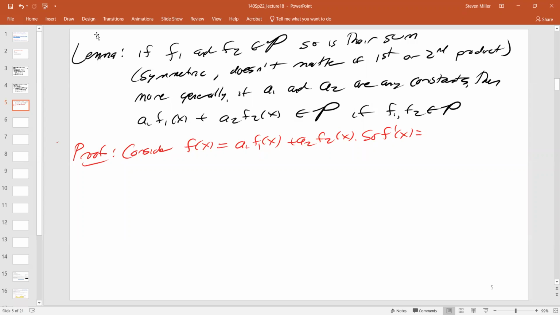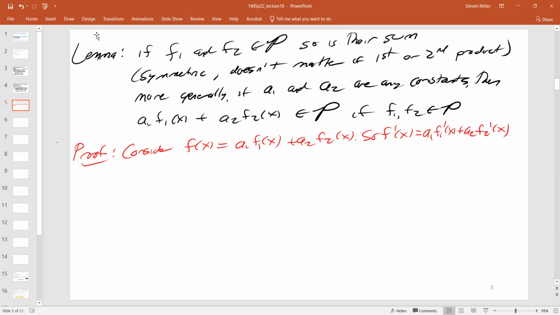So what's the derivative of f of x? Try again. It starts off with a1. It's a1 f1 prime of x, plus a2 f2 prime of x.